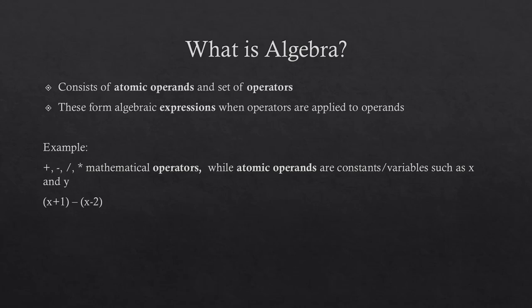I know it sounds fancy, but basically we have our mathematical operations such as addition, subtraction, division, multiplication, which are called operators. And we have our atomic operands such as x, y, 1, 2, 3, 4, 5, 6, and such. I know there's a deeper definition for algebra, but in this video, we'll just try to take the icing on the cake, as I would say.